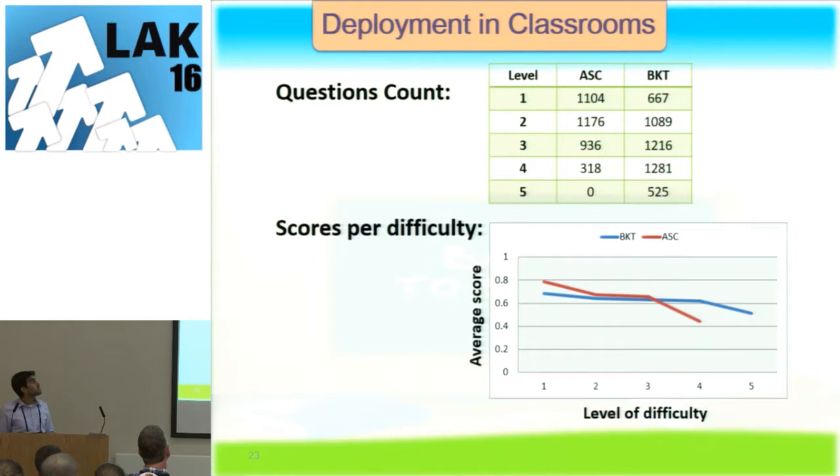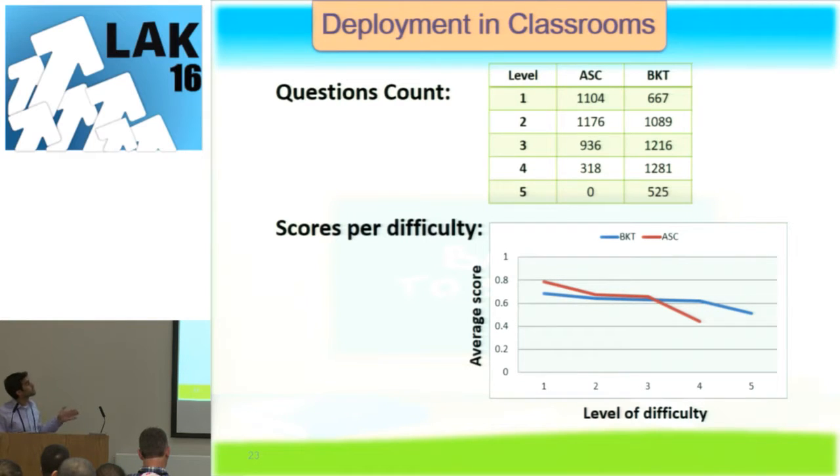Here you can see the bins of level of difficulty. There were 5 levels of difficulty, and our BKT sequence algorithm gave the students more difficult questions compared to the ascending algorithm. When we look at the graph of the results, the average score of the students compared to the level of difficulty, students who used our BKT sequence algorithm managed to get a better score in level 4 of difficulty, which is almost the highest.